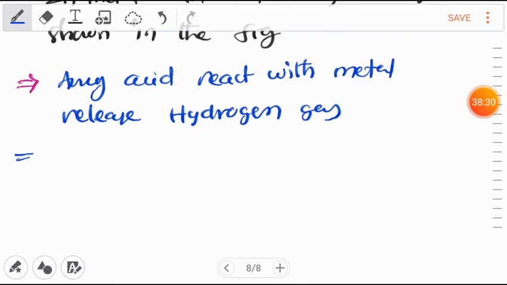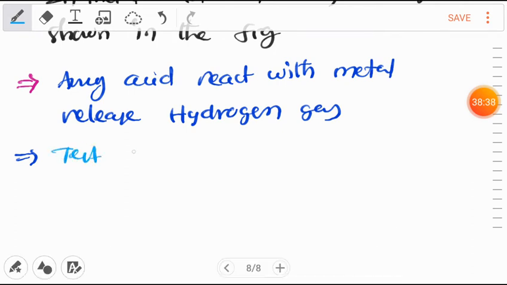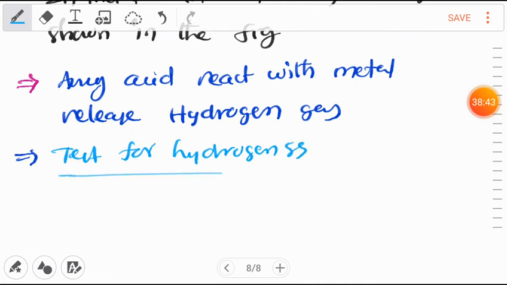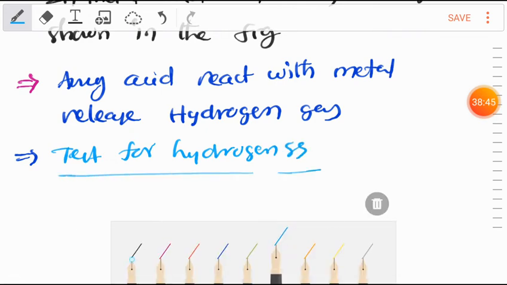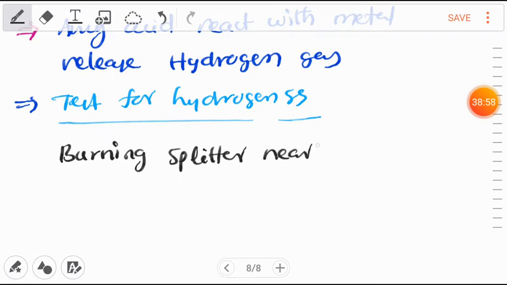And what is the test for hydrogen gas? For hydrogen gas, you are going to keep a burning splinter near the gas.